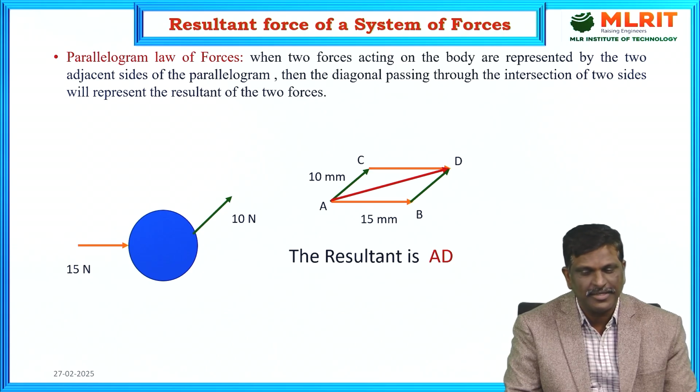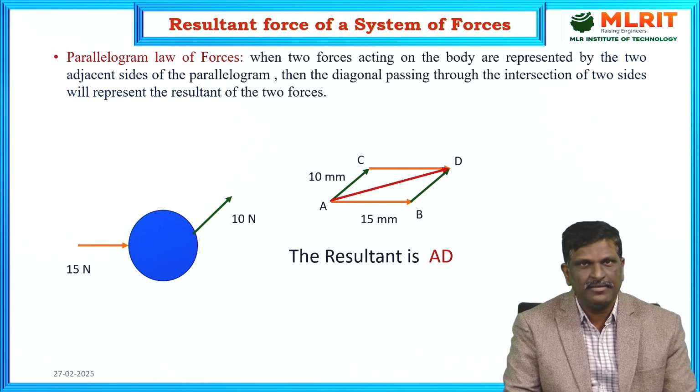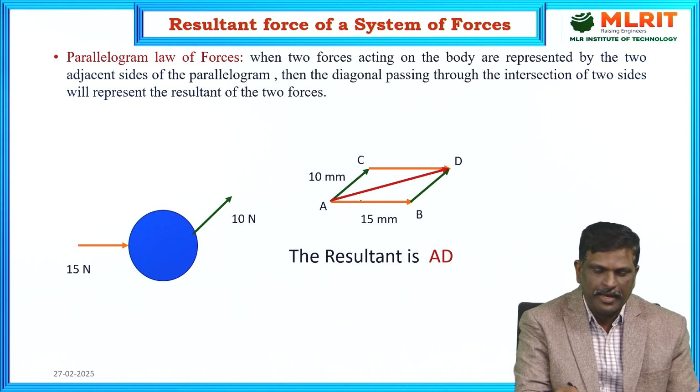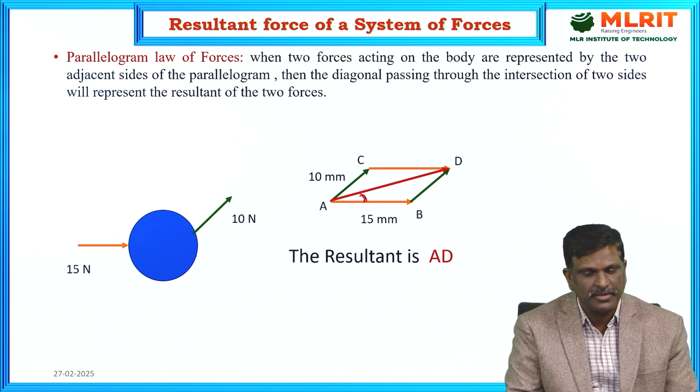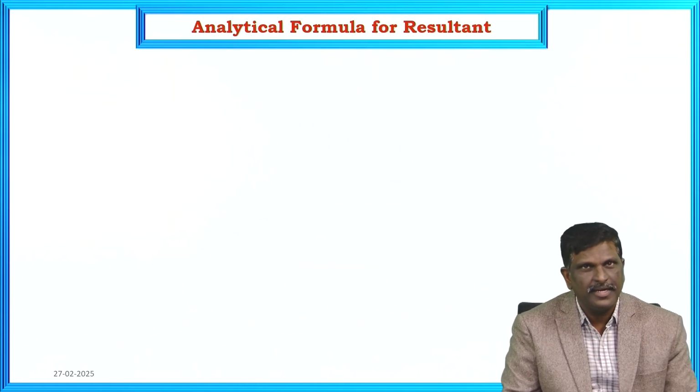To find the resultant magnitude, simply measure the AD line length, that will be our magnitude, and find the angle with respect to any one of the forces, that will be the direction of the resultant for these two forces. Now let us see the analytical formula for the resultant.